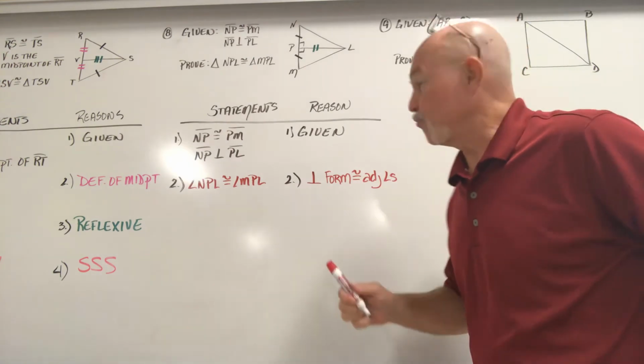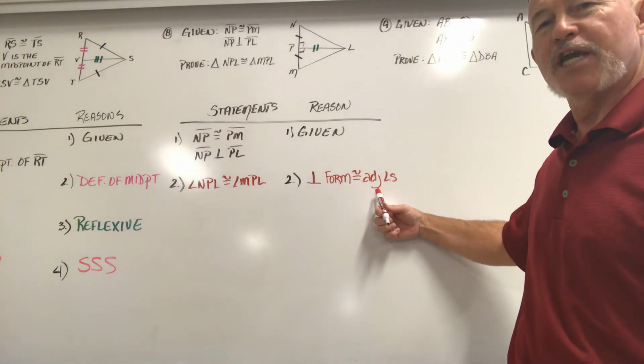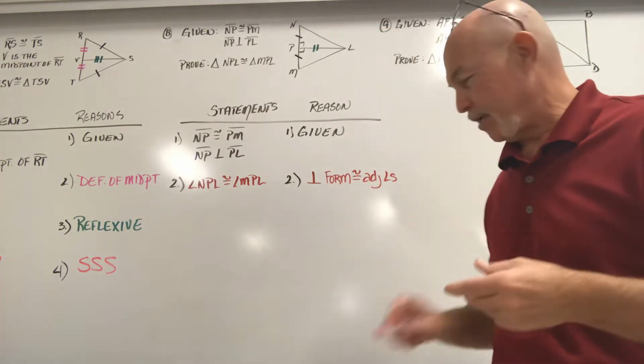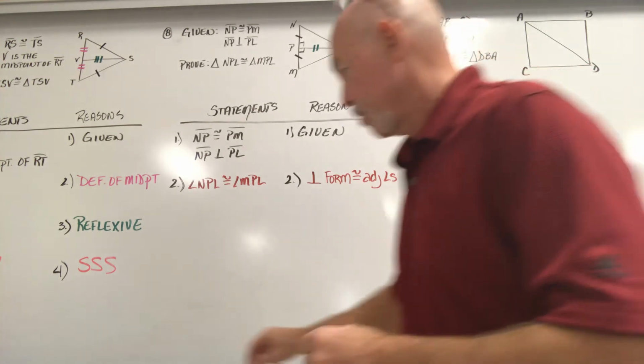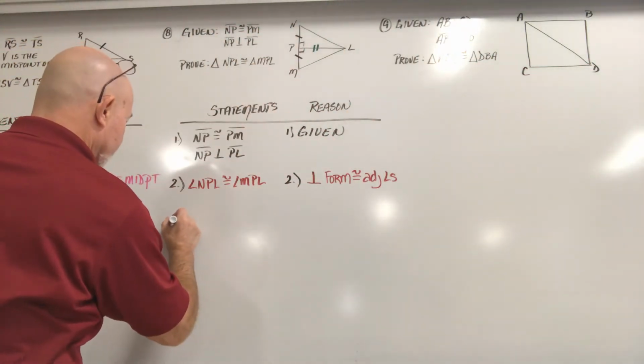You want to see abbreviation at its finest? Perpendicular lines form congruent adjacent angles. It was written up there already. If you've got to look back, you've got to look back. Then we have our common side.